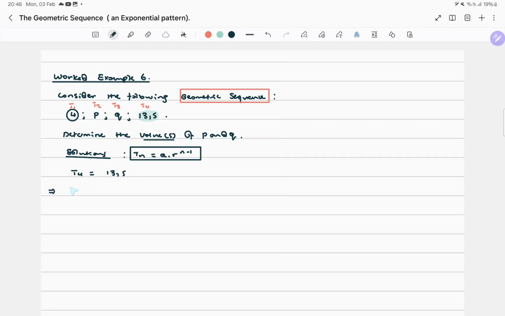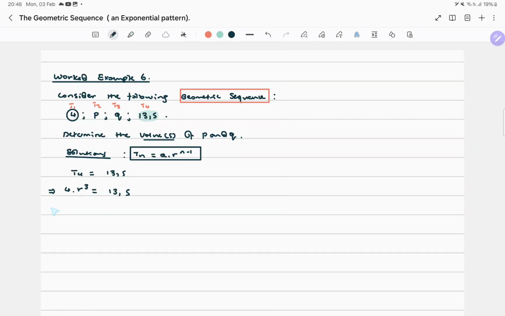What does this imply? It implies term 4 is going to be a, which is 4, times r, which we don't know, but now the power is 1 less than the position. That is 13,5. See, we don't need to sweat. Of course, you can use this formula directly, but at this point, I do not have the time.